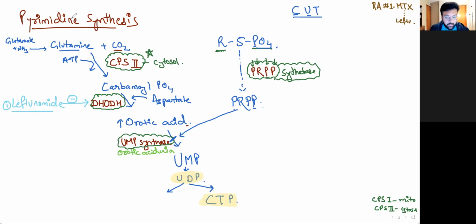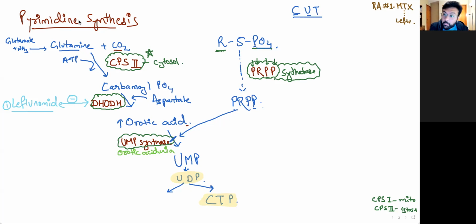Now, simple thing. Uridine diphosphate. That's a nucleotide with a ribose sugar in it. Okay, so I can say this is a ribonucleotide. Correct? And the sugar which I used was ribose 5-phosphate.